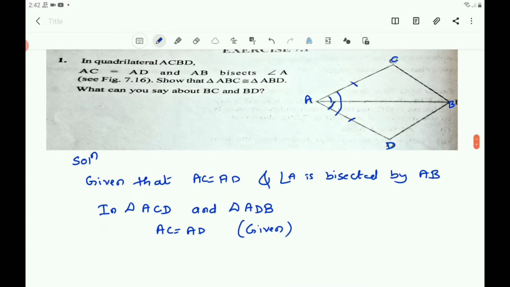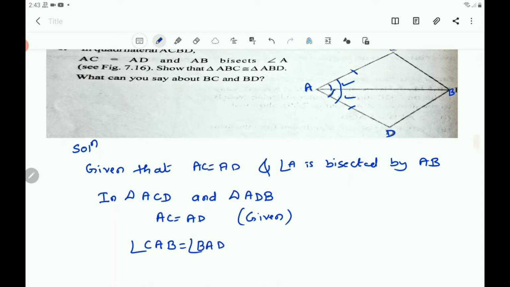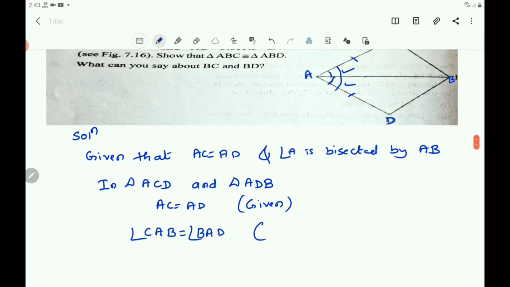So the two angles made by that bisector must be equal. So you can write this angle, that is the angle CAB equals angle BAD. What is the reason? That is also given. You can write that angle A is bisected.